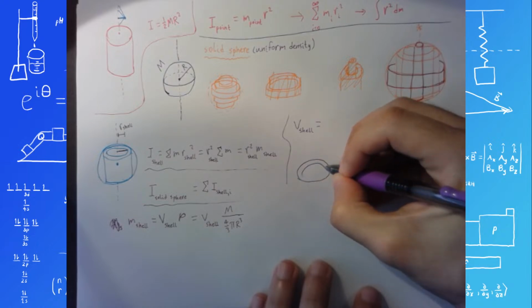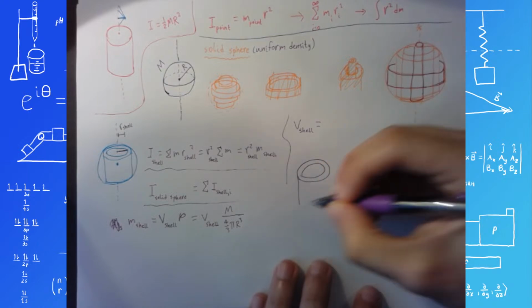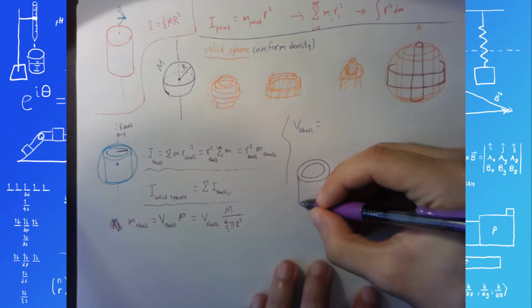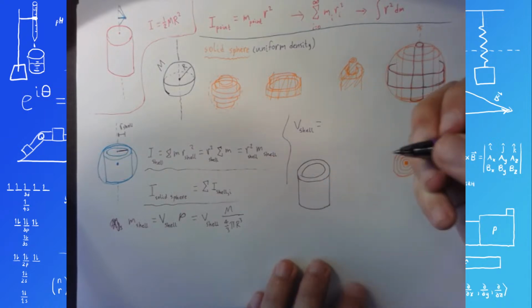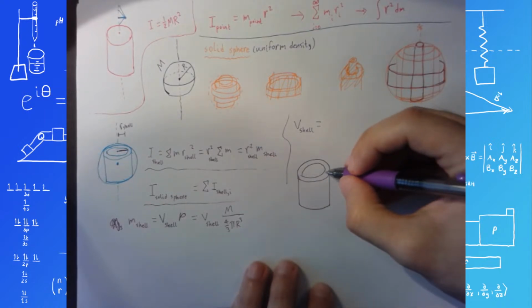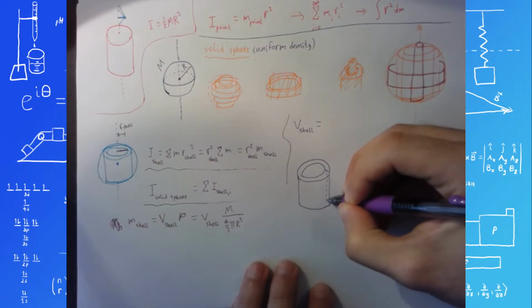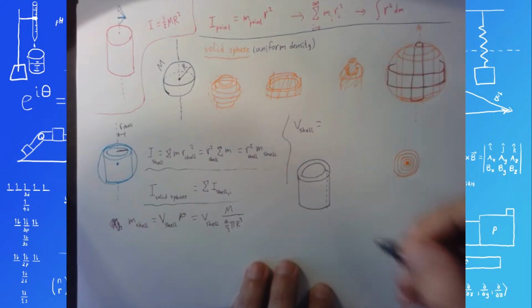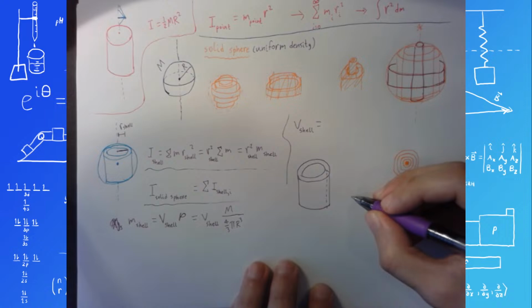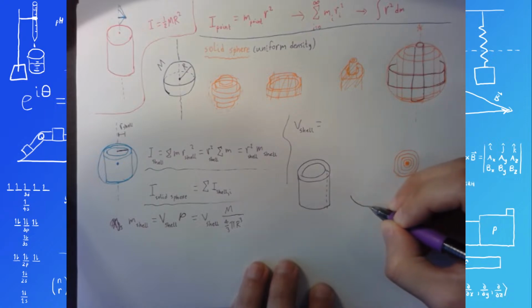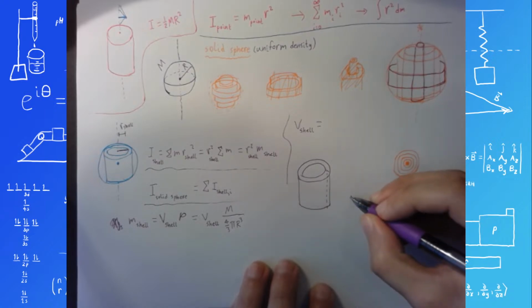If we take one of these spherical shells and we cut it open, we can draw a dotted line here and cut along there, slice it open, and slowly begin to unroll it.